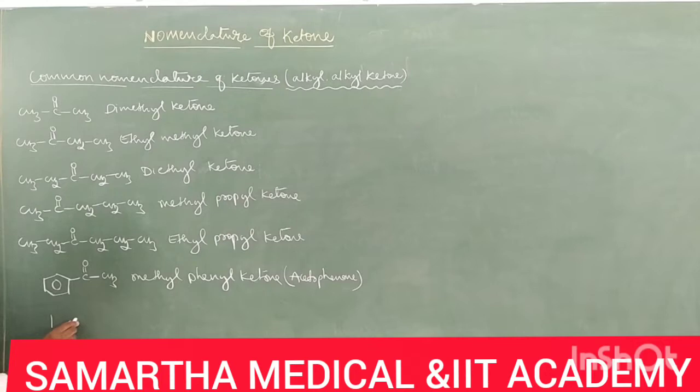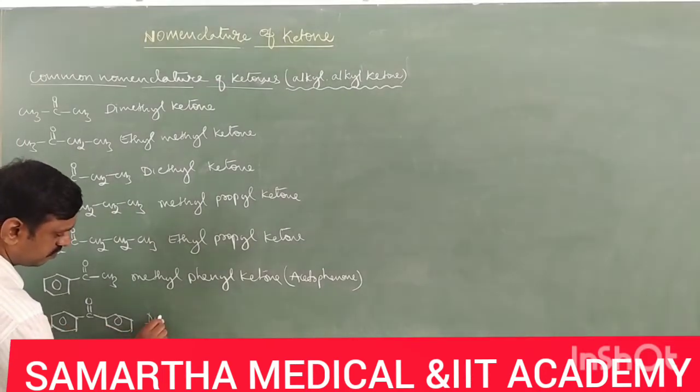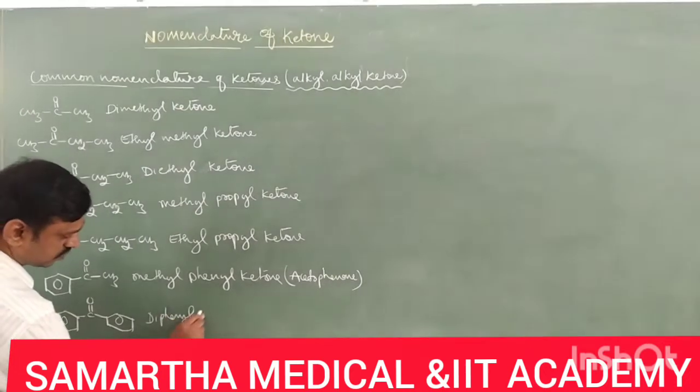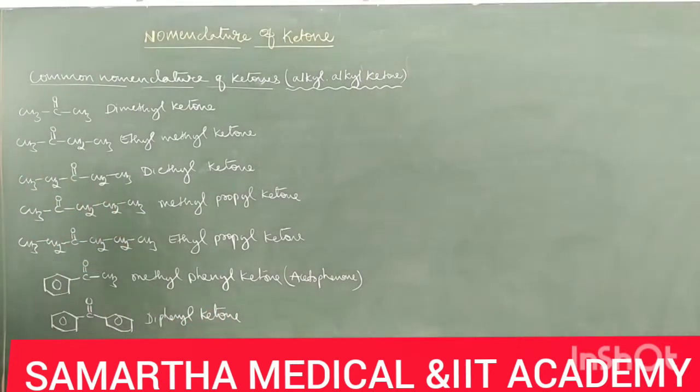One more example, let us take two phenyl rings attached to the C double bond O group. In this case it is diphenyl ketone, the common name.